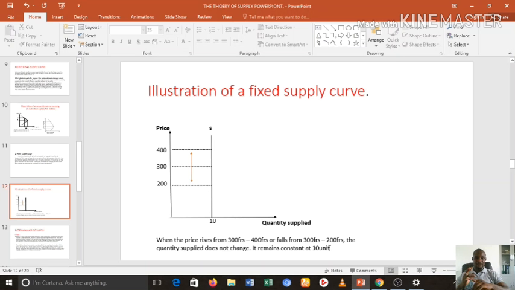The first factor has to do with individual supply for labor, and the second factor is a situation of a fixed supply curve. So let me explain again.